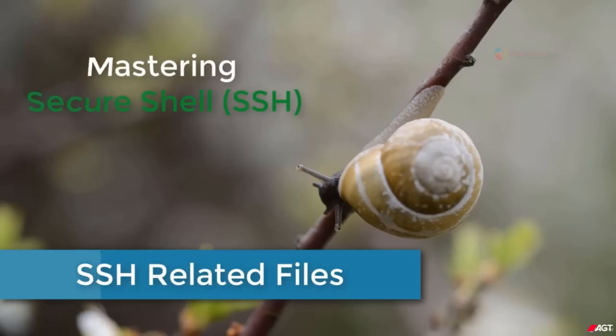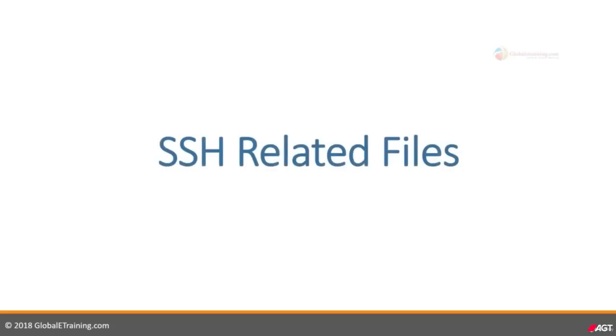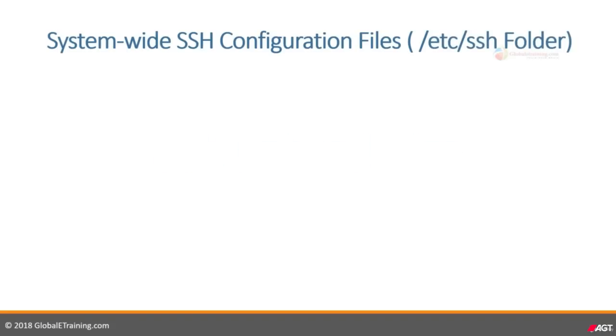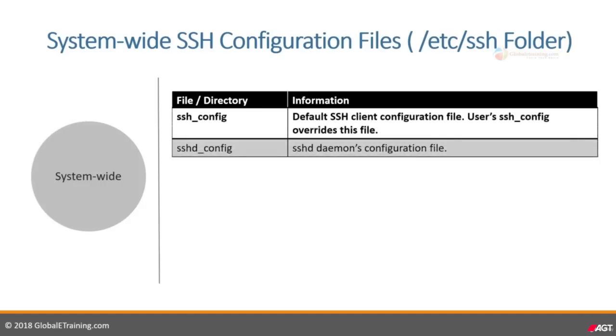Hello everyone, welcome back. In this video, we will look at all the configuration files that are related to SSH. Let us first take a look at the system-wide SSH configuration files. These files are located in the /etc/ssh folder. ssh_config is the system-wide client configuration file.